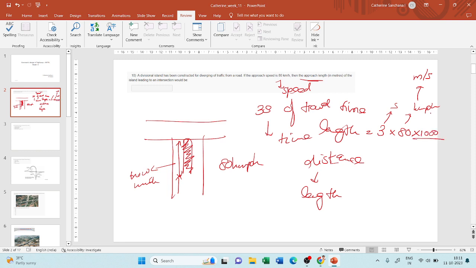And how will you convert hour to seconds? You have to multiply the denominator by 3600. So if you see this, the answer is 66.67 meters.